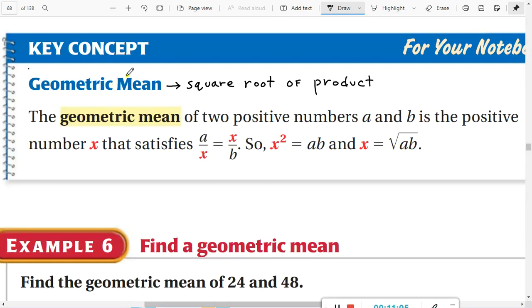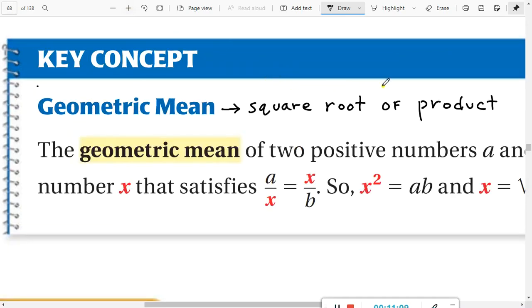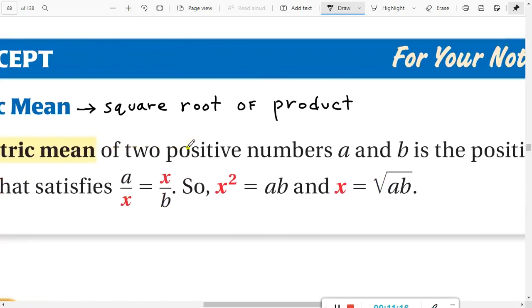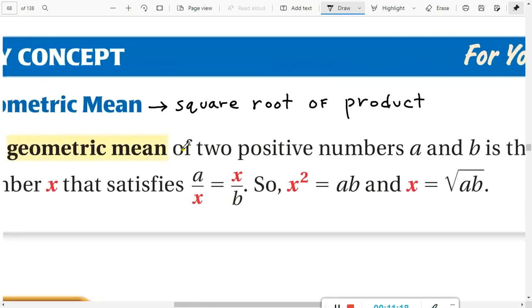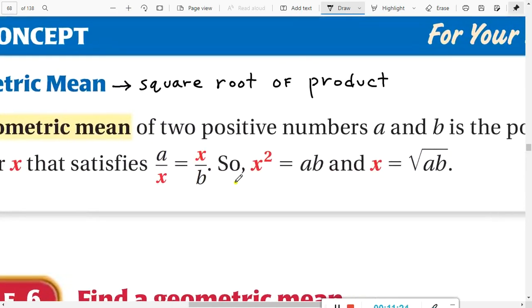Okay, here we have the geometric mean, and it's basically just the square root of the product. It says the geometric mean of two positive numbers a and b is the positive number x that satisfies this equation. So they made it complicated here. If you do x times x, you'll get x squared.